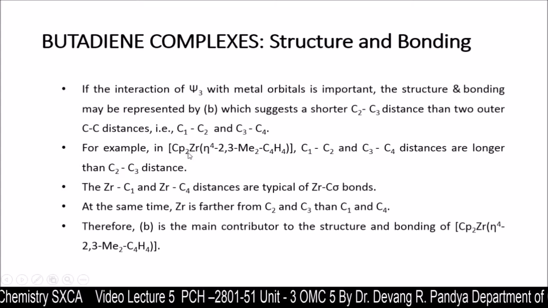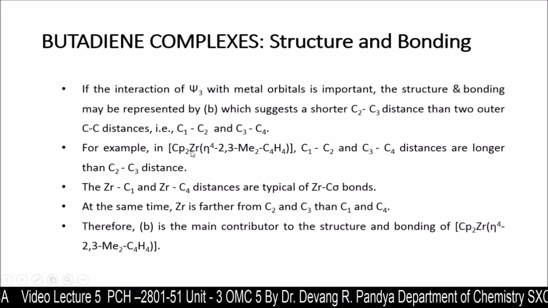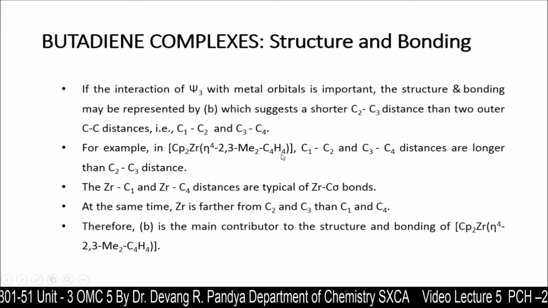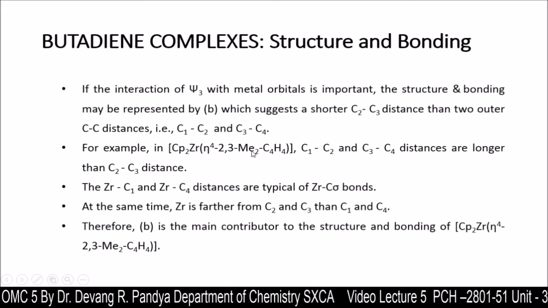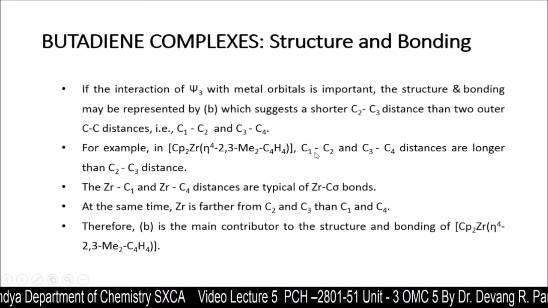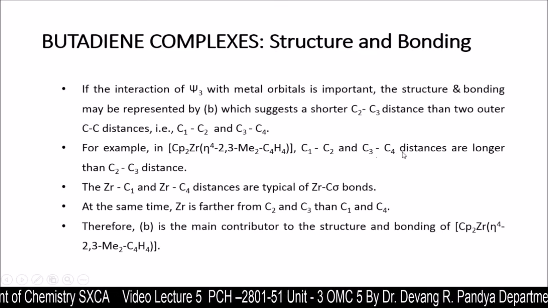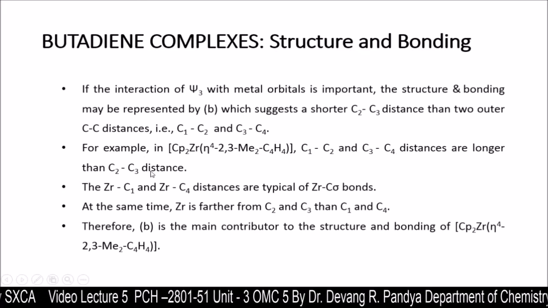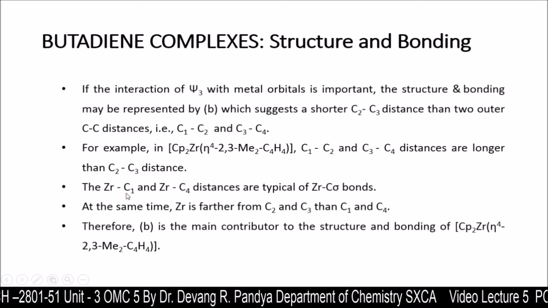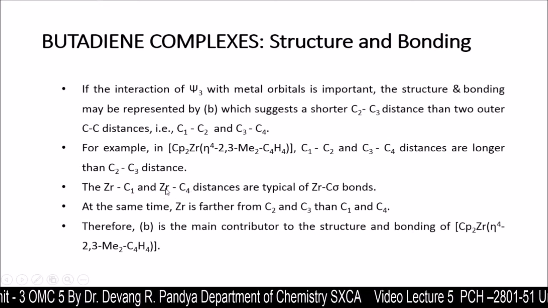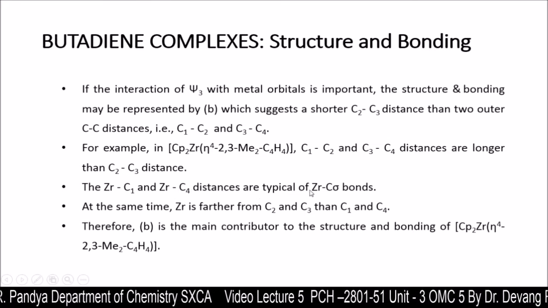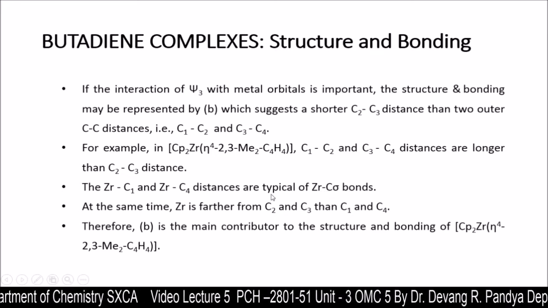Here is an example for that: bis(cyclopentadienyl)zirconium (η4-2,3-dimethyl-1,3-butadiene), that means disubstituted 1,3-butadiene. Here the C1-C2 and C3-C4 distances are longer compared to C2-C3, which is a shorter distance. The zirconium-carbon 1 and carbon 4 distances are typical of zirconium-carbon sigma bonds.